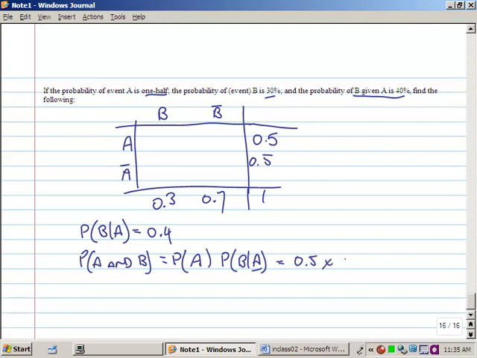B given A is just given to us as 0.4, so that works out to be 0.2. A and B is 0.2. So that's given. Then with A and B, the joint probability, we fill out the rest. Okay, and there's our table.